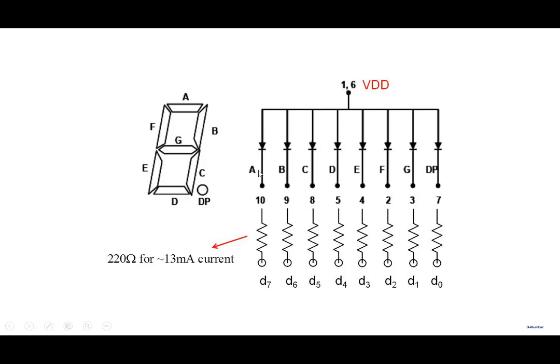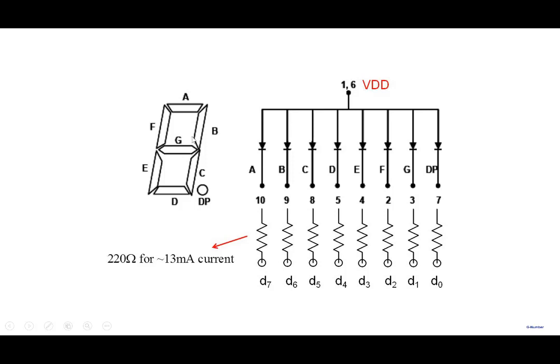This gets forward biased, and LED A turns on. This particular segment will turn on. And if I make the terminals D6 to D0, all of them high, equal to VDD, none of these LEDs are forward biased, and only this particular one turns on. Like that, by applying a digital signal, high or low, 1s and 0s, we can display any digit that you would like.